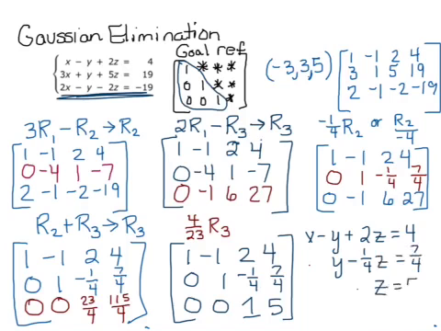And z equals 5. So this gives us the indication that we are on the right track, because here is our answer for z. Z should be 5, and that's exactly what we have at this step.